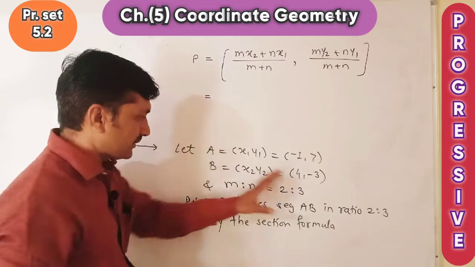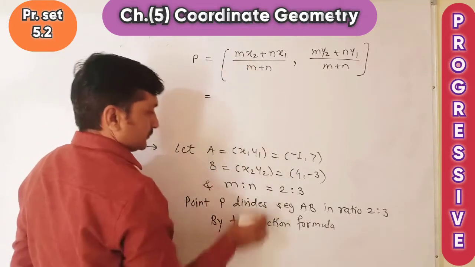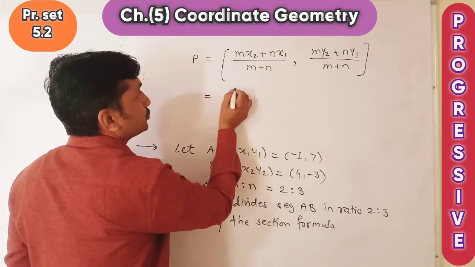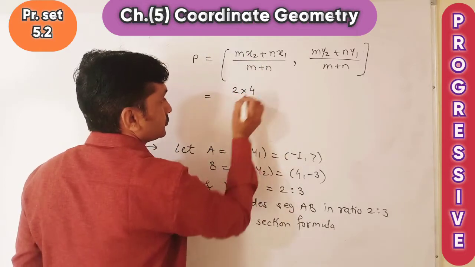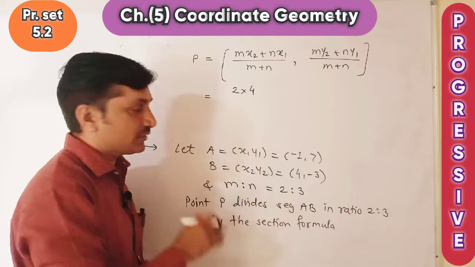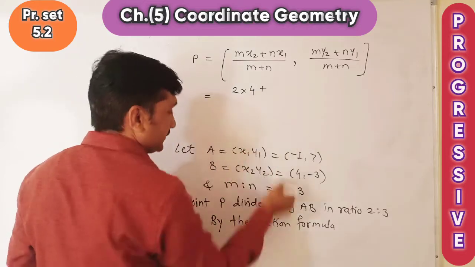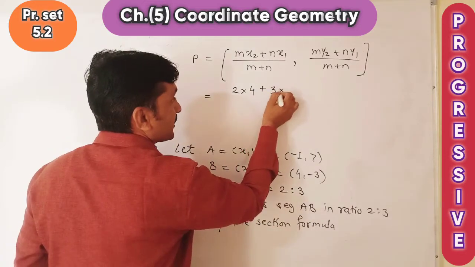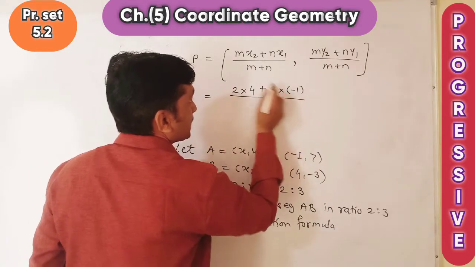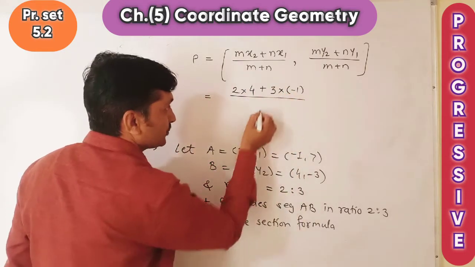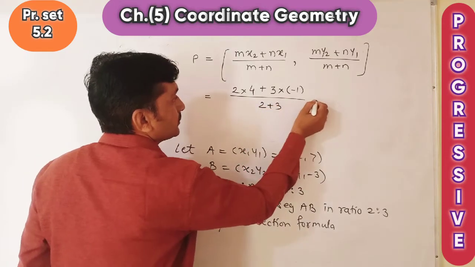Let's put in the values. m is 2, and 2 multiplied by x2, which is 4. You have to see carefully while putting in values. Plus n, which is 3, multiplied by x1, which is -1, upon m plus n, here 2 plus 3, comma.